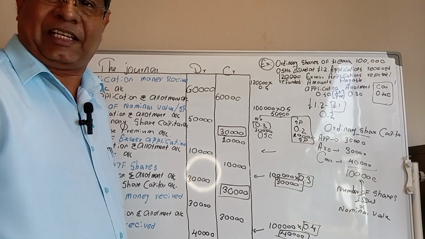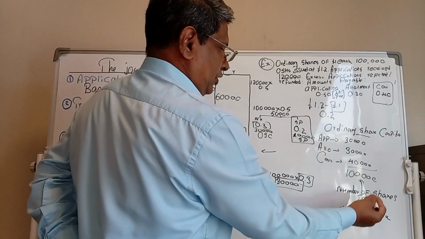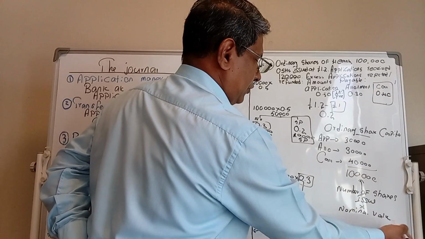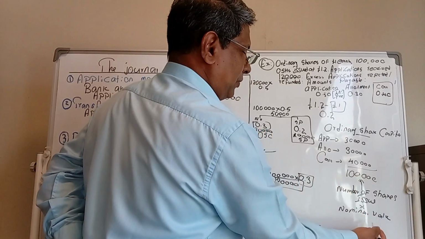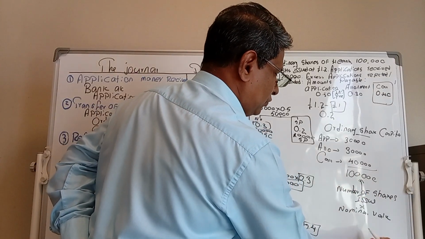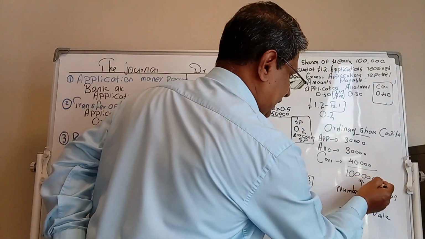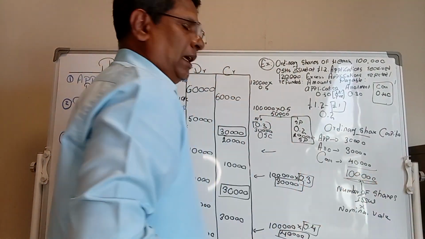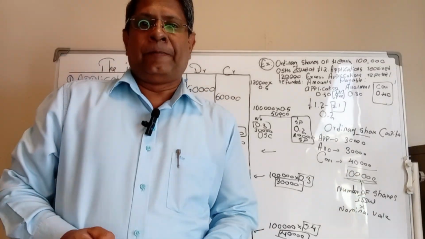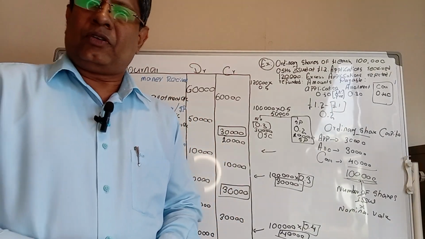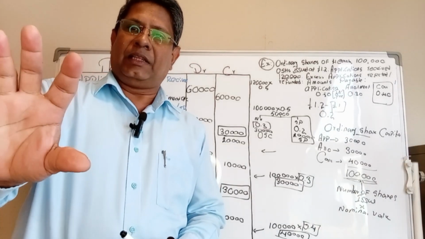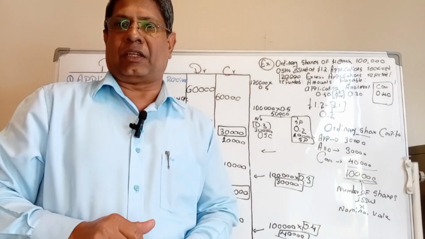Okay, is it clear? How many shares are we issuing? 100,000. What is the nominal value of a share? £1. So 100,000 shares into £1 is 100,000. That is exactly the balance that is there in the share capital. So that will give you a small idea that your amount is correct in the sum that you have worked out. Is it clear?